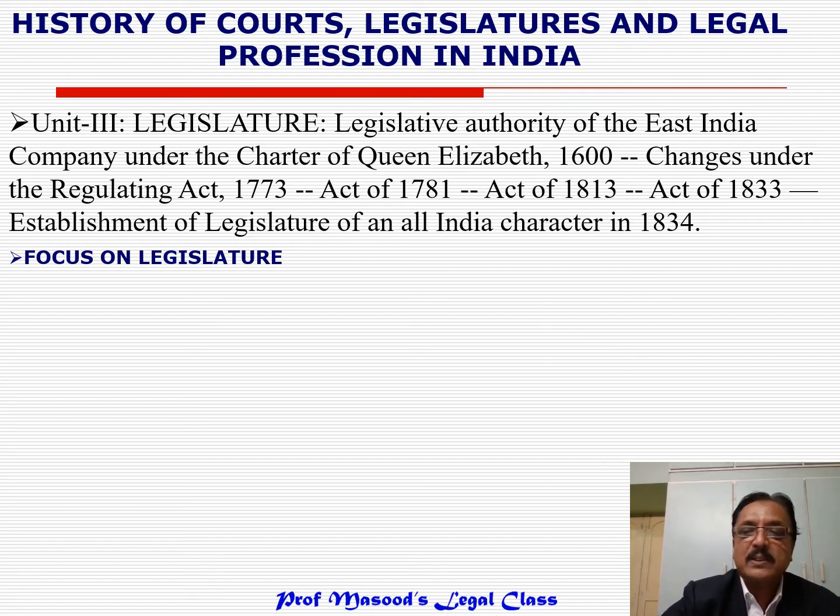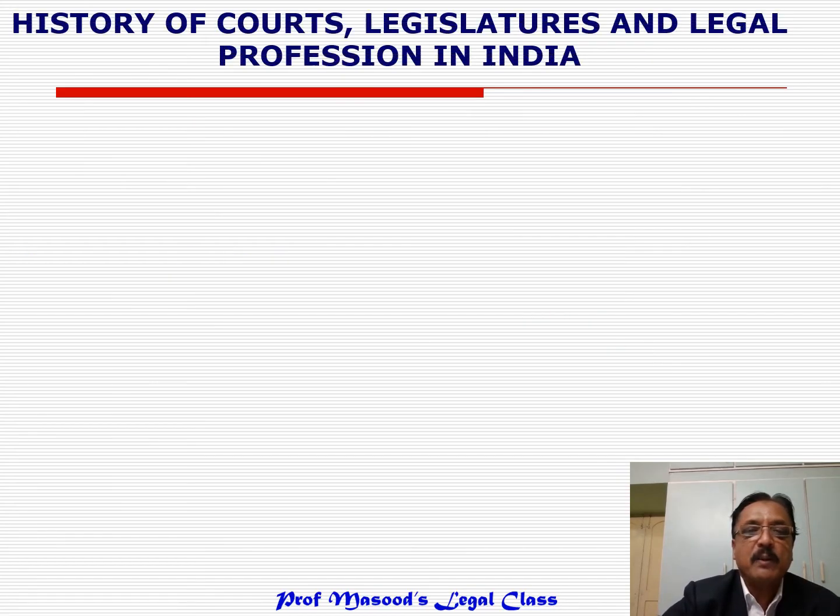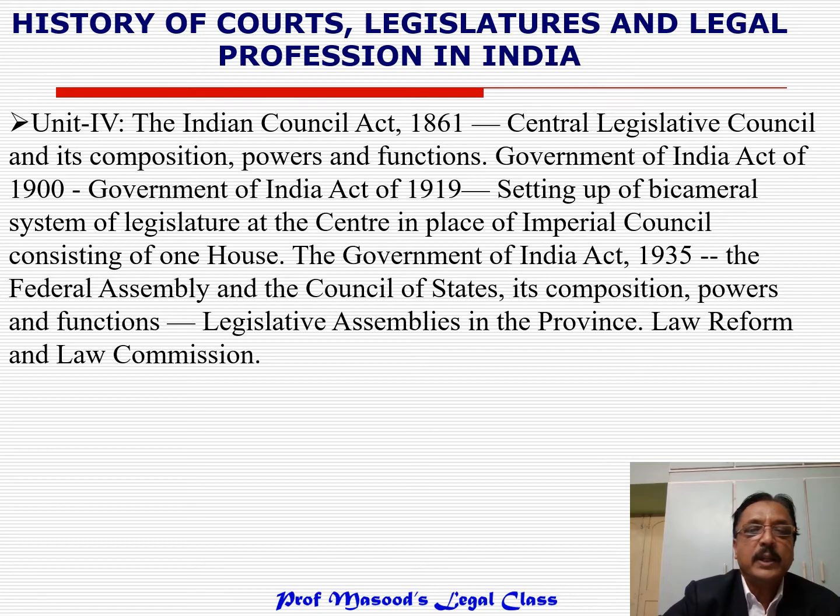Now let us see what happens in the next unit, unit number four. Unit number four of this subject: the Indian Councils Act 1861, Central Legislative Council and its composition, powers and functions, Government of India Act of 1900, Government of India Act of 1919, setting up of a bicameral system of legislature at the center in place of the imperial council consisting of one house.